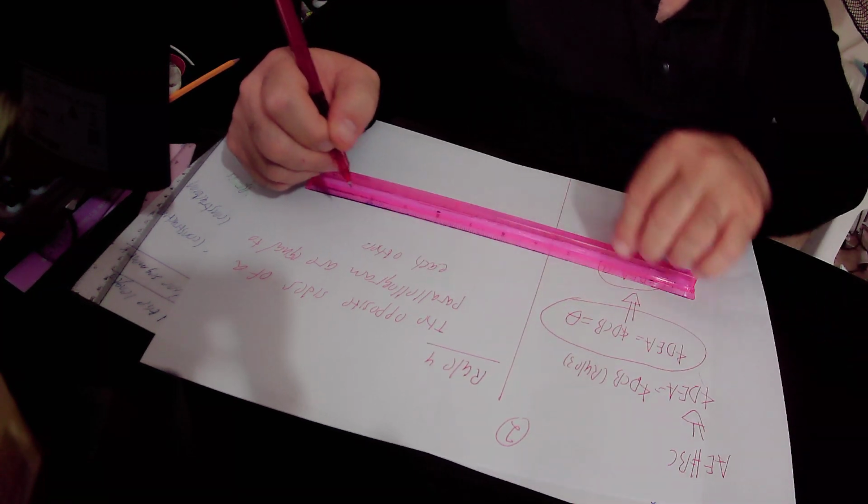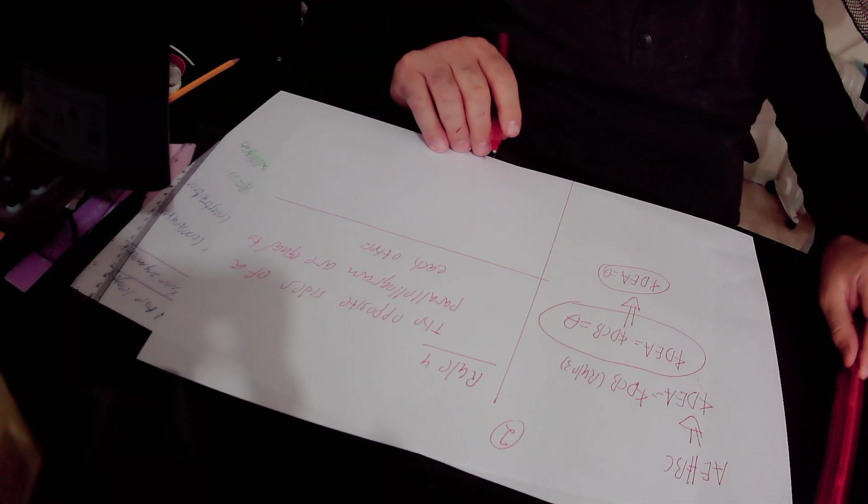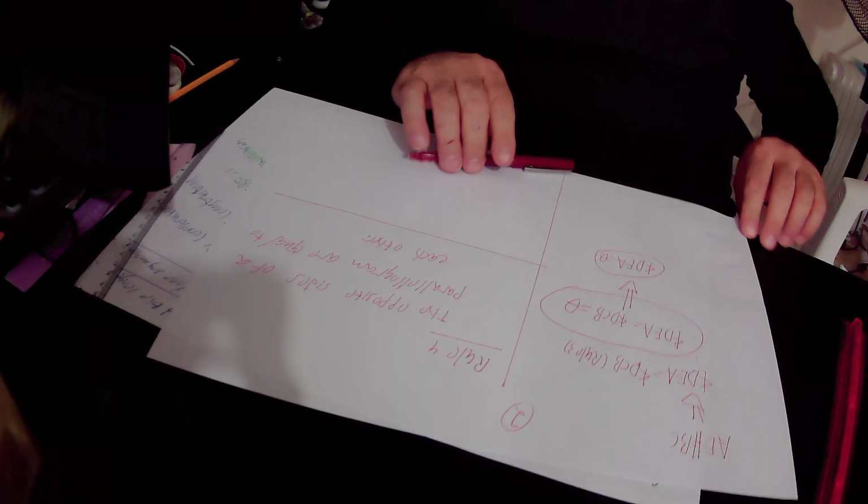I'll read rule number 4 again. According to rule number 4, the opposite sides of a parallelogram are equal to each other.